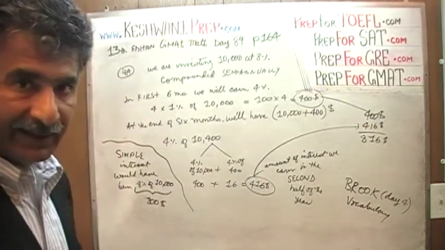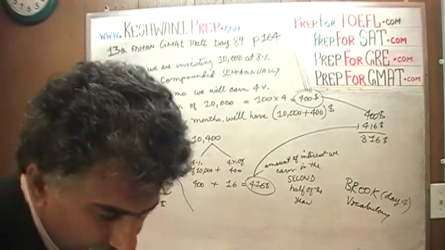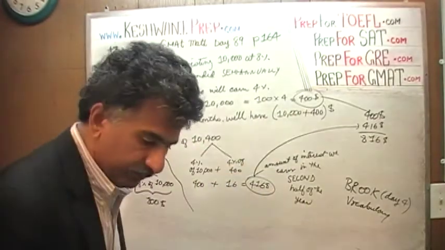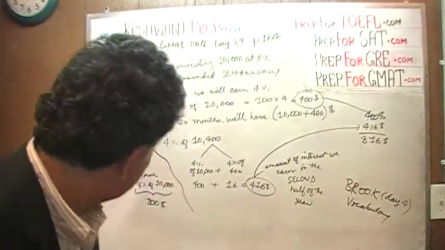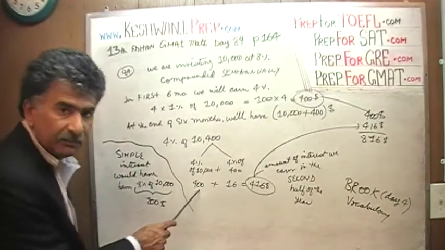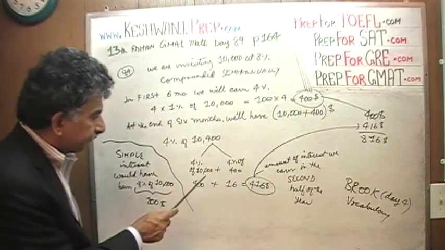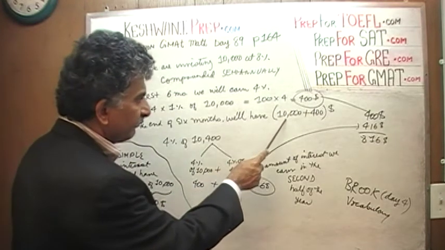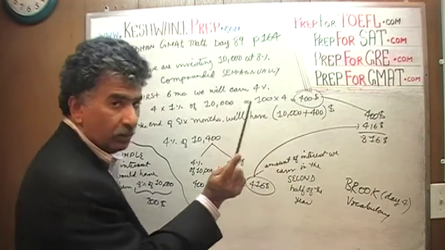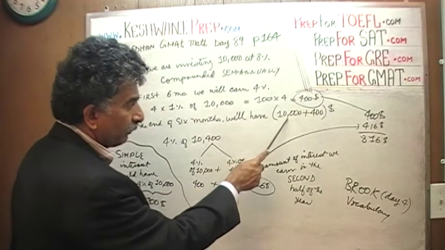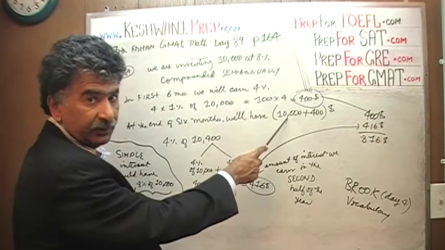What we are earning in the second half is only 4% of this amount, because at the end of 6 months you have 10,400. Ordinarily you would have earned 4% of $10,000 in the second half of the year.